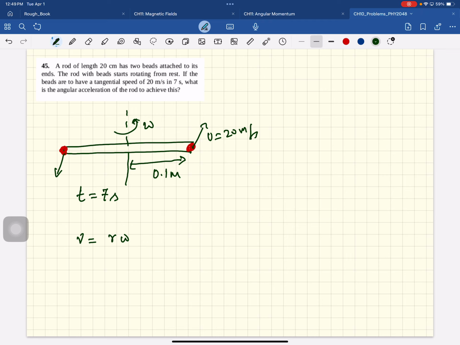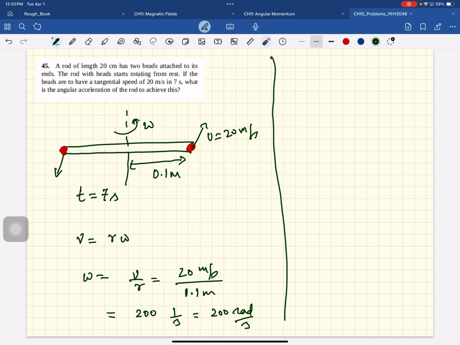So omega is v over r, so 20 meters per second divided by 0.1 meter, and so that's 200 per second, and remember the radians is a sort of a free label, okay?